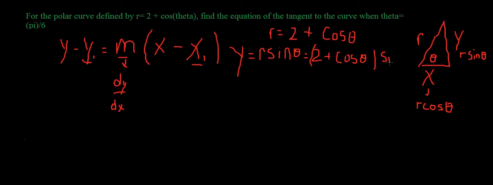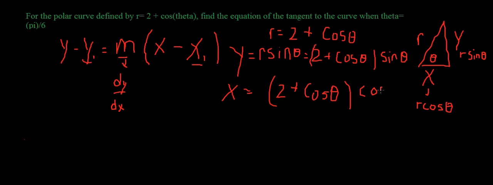And the value of x, on the same token, you just multiply both sides by cosine theta, and you get r cosine theta, which equals 2 plus cosine theta times cosine theta.